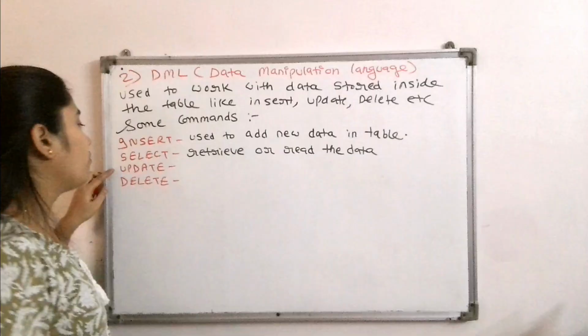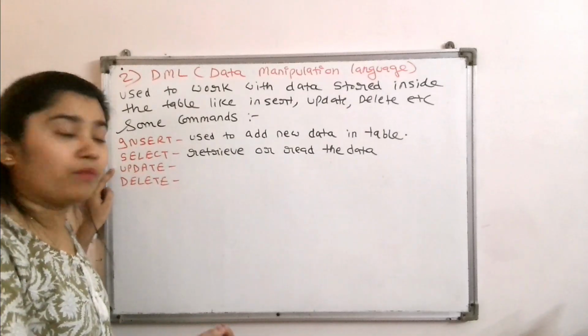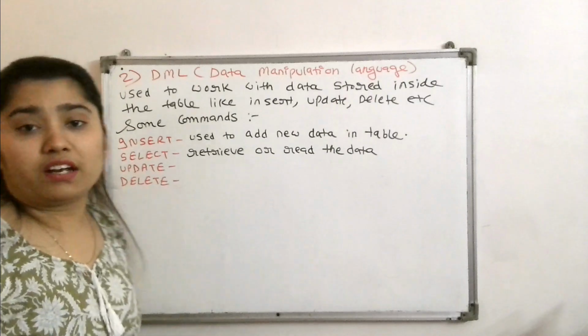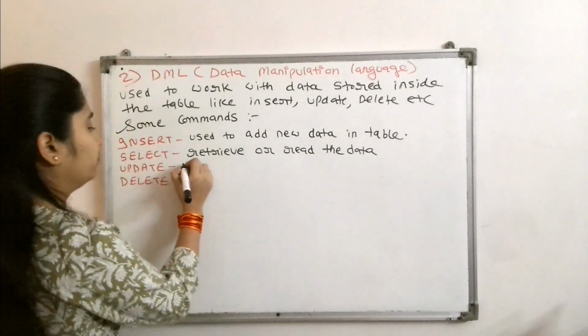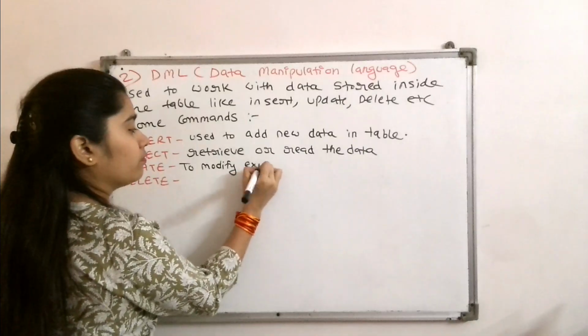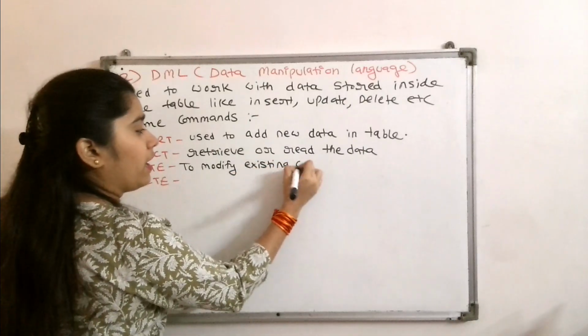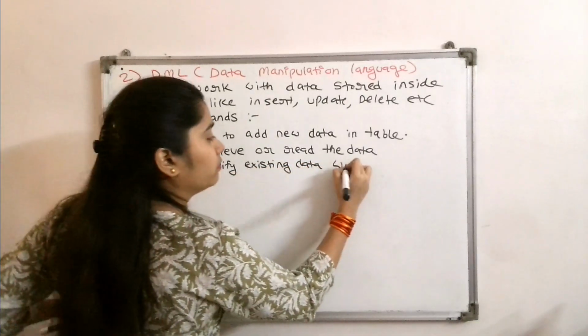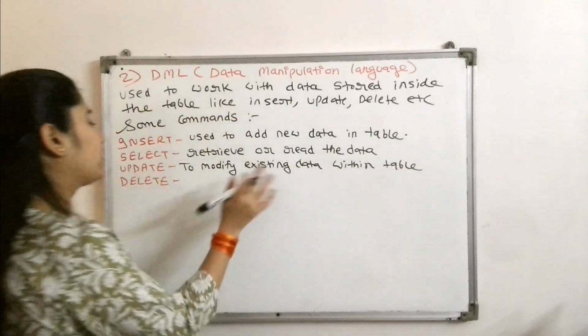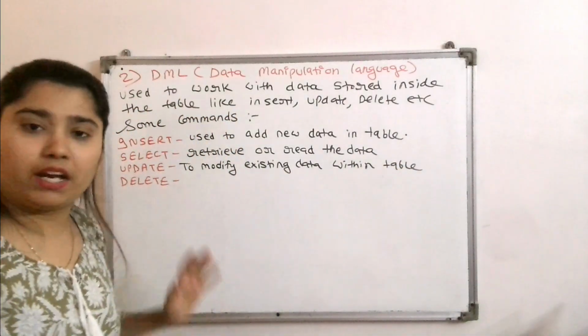Then the next command is update. What is the meaning of update? The update command is used if we want to modify existing data within the table. To modify the existing data, we use the update command.